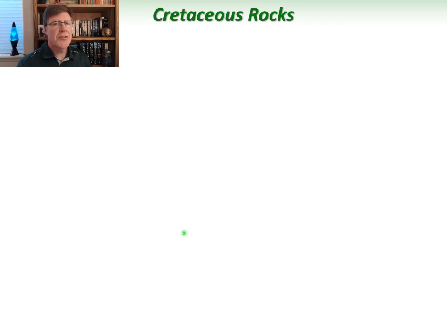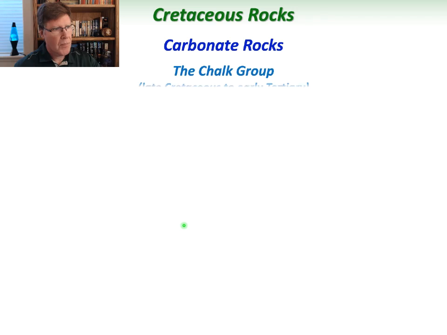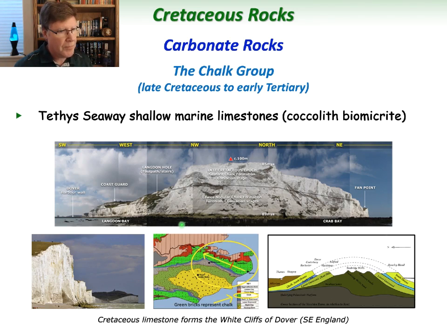Let's turn our attention to Cretaceous rocks, and a major rock type representing the Cretaceous are carbonate rocks, including those of the chalk group in Western Europe. So these are late Cretaceous to early Tertiary in age, and they represent deposition in warm, shallow seawater of the Tethys Ocean during the Cretaceous.